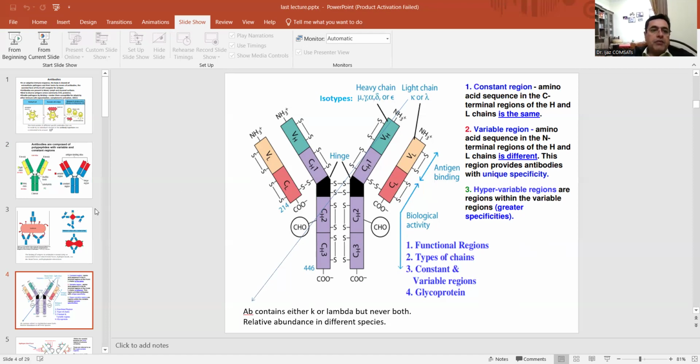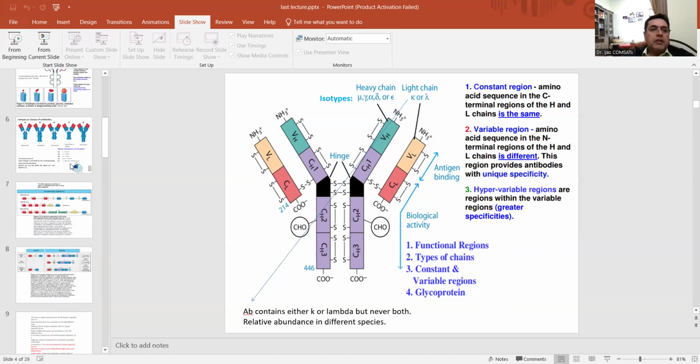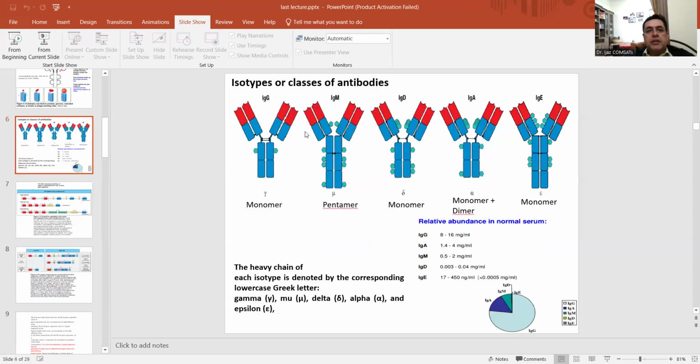So if we move ahead, I can show you here that this is IgG, IgM, IgD, and in every one of them is a different type of heavy chain. And the sugar molecules attached to these proteins are also different. These are glycosylated proteins.